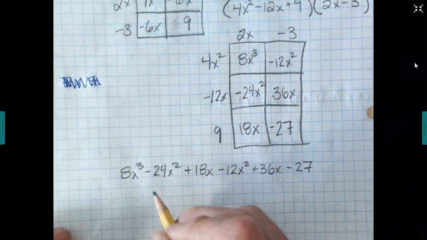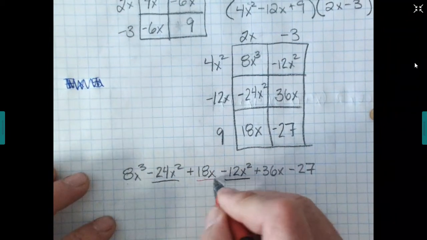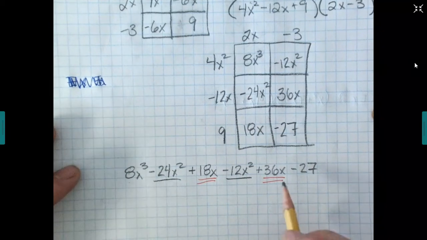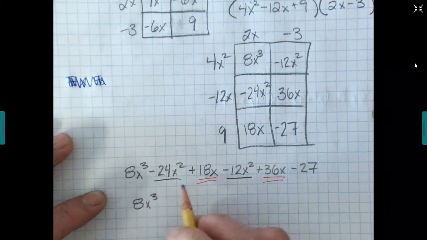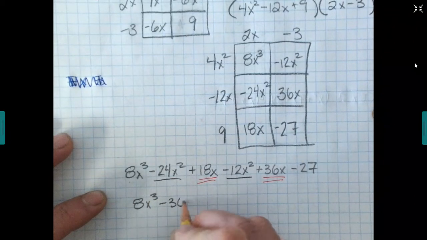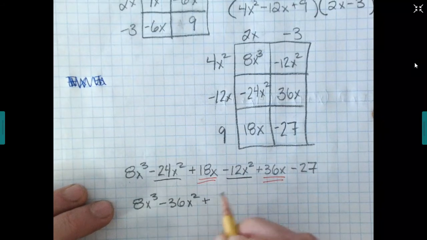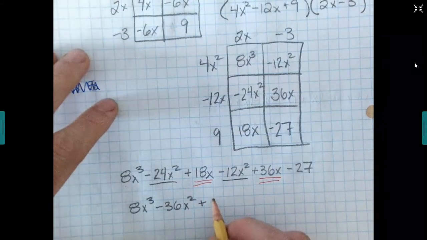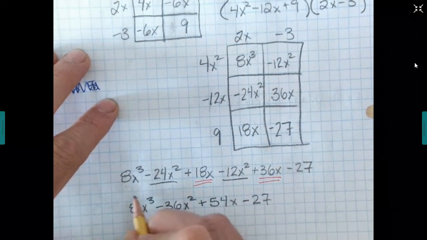I've got x squared and x squared. I've got x and x. That's about it for my like terms. So I have 8x to the third minus 36x squared plus 54x minus 27.